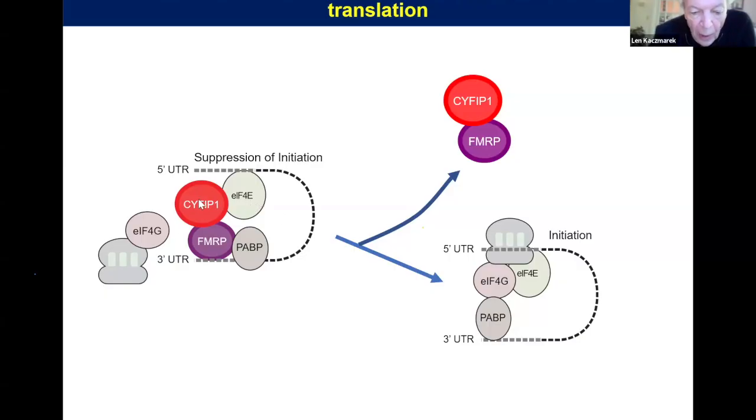And when it's bound to EIF4E, along with a bunch of other proteins and the messenger RNA associated with this complex, you can't initiate translation. In order to initiate translation, you have to remove these proteins, and then EIF4E can bind to EIF4G, making the whole initiation complex, which binds to the small subunit of the ribosome, and then that can start the initiation of translation.